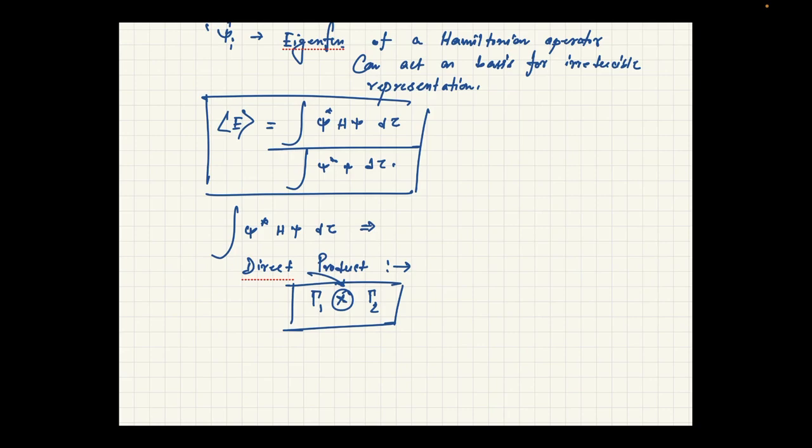To understand this visually, let's say this is a sine function, and if you integrate up to this, then this is the positive part and this is the negative part, right? Now this positive part and this negative part will cancel each other out, and the integration will be 0. So to have this integration value non-zero, the direct product has to have a totally symmetric representation. Why?